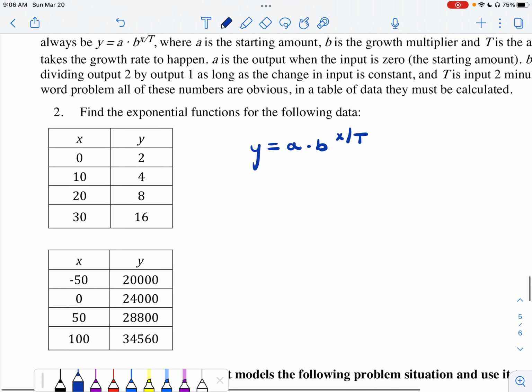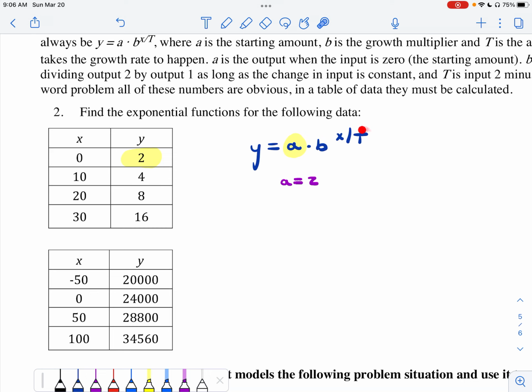Let's start with a. Remember, a is always the starting amount, so you're looking in your table for when x is equal to 0, and your a value is just the y-coordinate right there. In this case, our a is equal to 2.